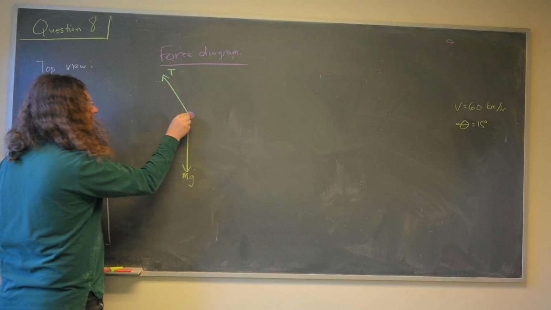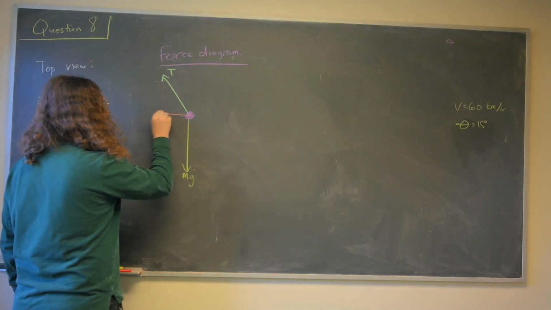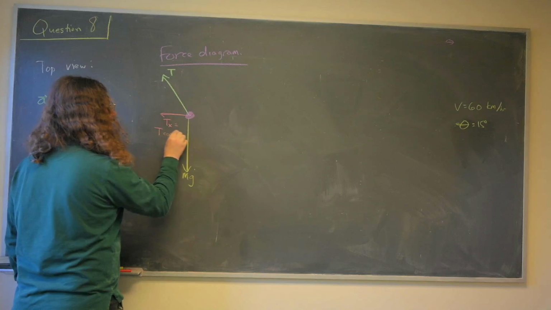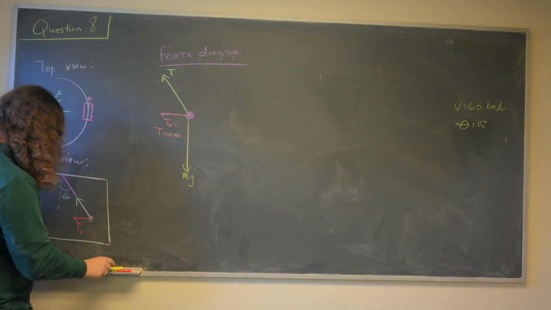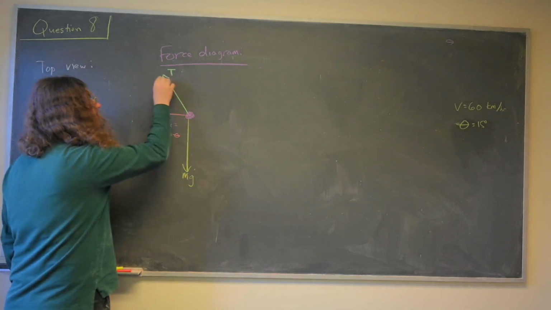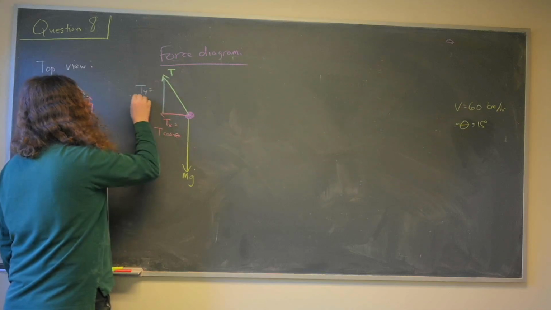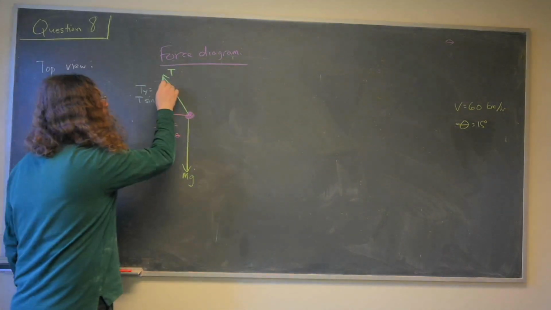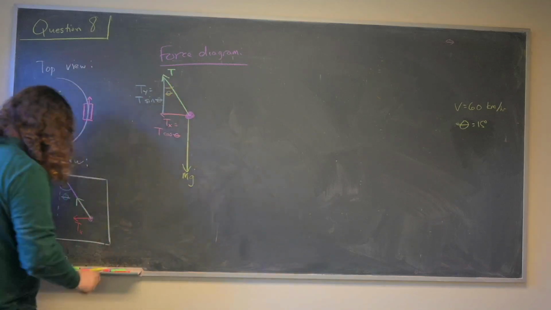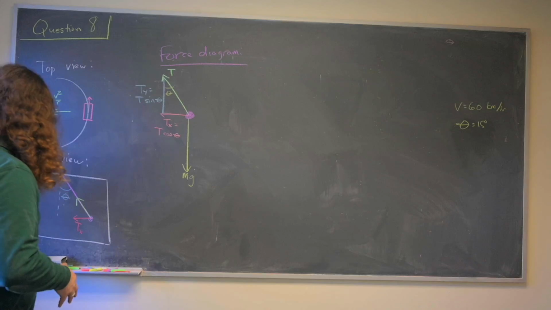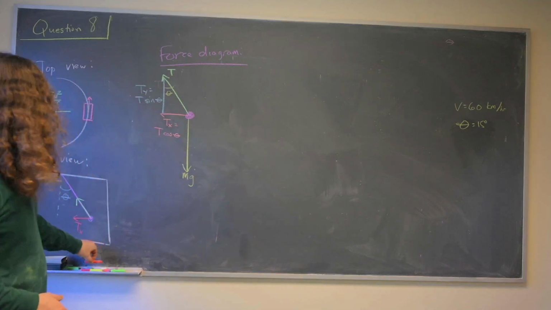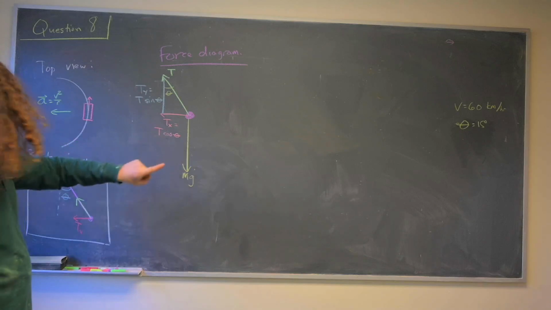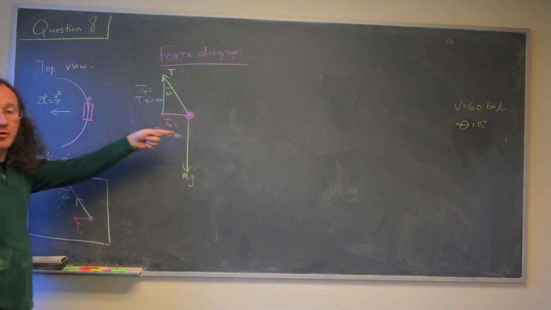Let's label our components here. So this is Tx, which is T cosine theta. This one's Ty, which is T sine theta, because the angle that I'm thinking about here is the angle with the vertical. Again, this one here is the force that makes it accelerate inward. No forces go to the right.